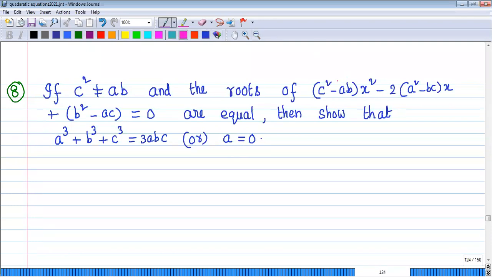Say this is capital A, the x coefficient is capital B, the constant term is capital C. Since the roots are equal, first find delta. Delta is B square minus 4AC, equated to 0, and you will get these two conditions. Okay, I will give 2 minutes. Just try yourself.